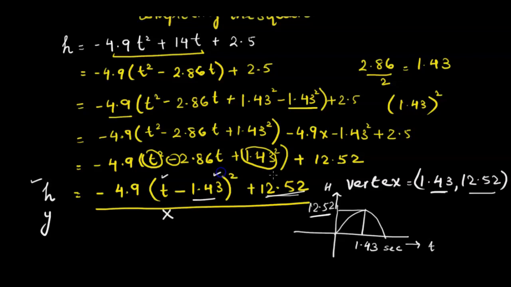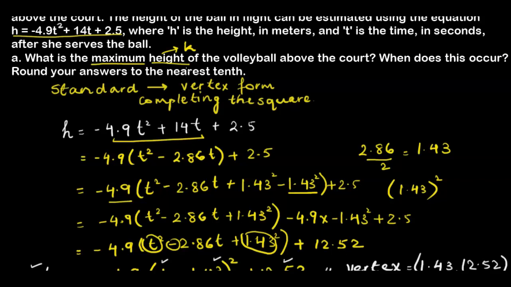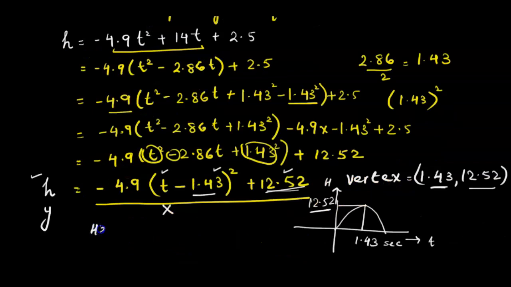So this is how we read the answer for a given real life situation. Now when they say what is the maximum height, we would say maximum height is 12.52 meters. We are supposed to write the answer to the nearest tenth, so just one decimal place. Therefore, we would write down the height is 12.5 meters.